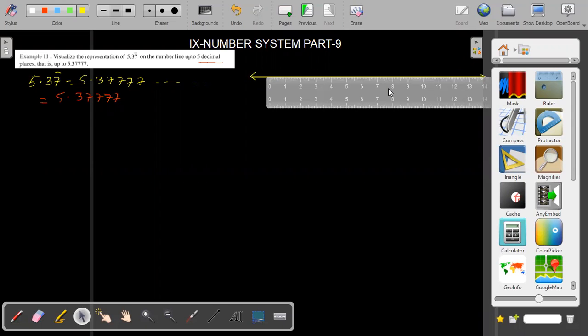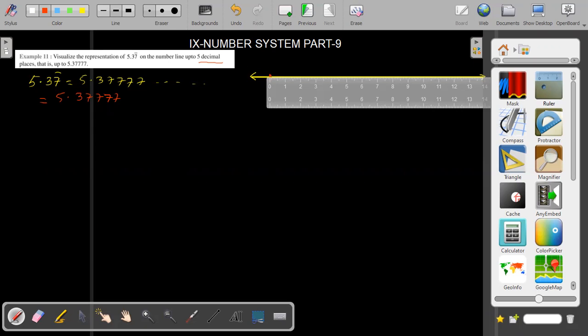We will have one from 0, 1, 2, 3, 4, like this only. This distance should be the same, although it is difficult for me to make on this one, but I'll try.